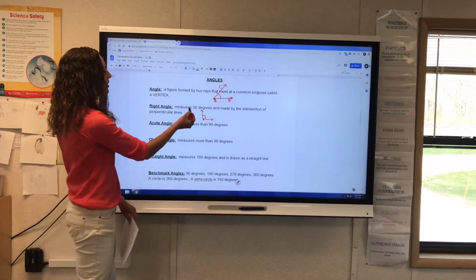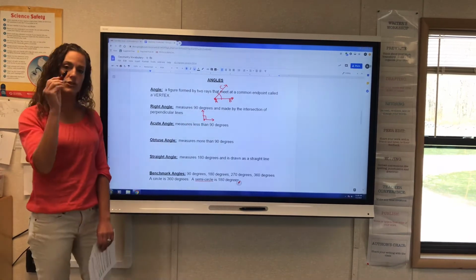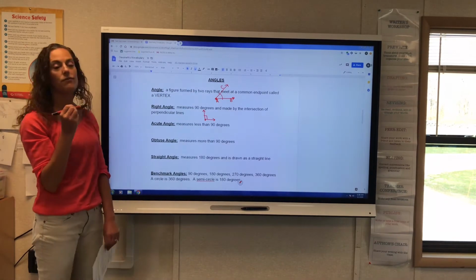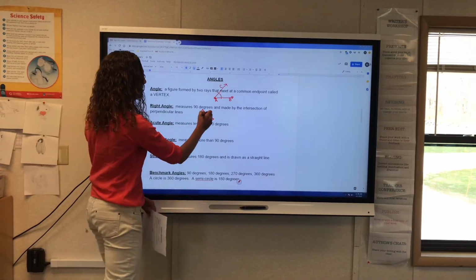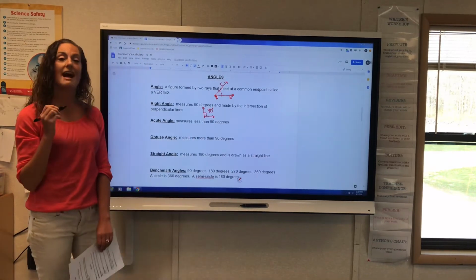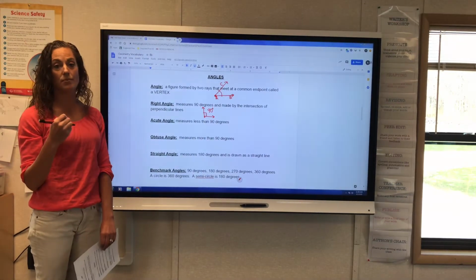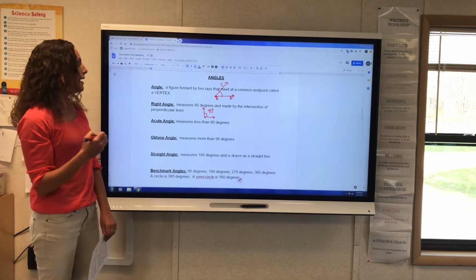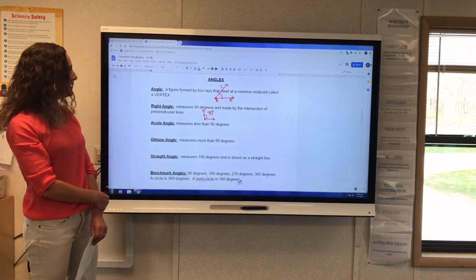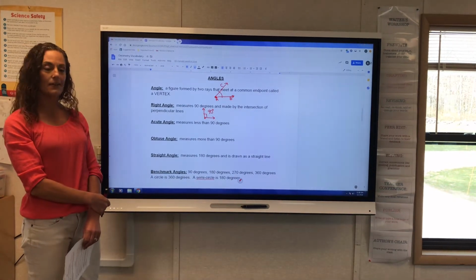These are actually called perpendicular lines. These two rays that are forming are perpendicular to each other, and they form that 90-degree angle. So in order to make that perfect and exactly 90 degrees, you would need to use a protractor to do that. But for now, you kind of get the idea of what a 90-degree angle looks like. So that is a right angle.